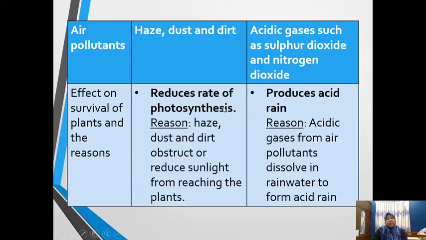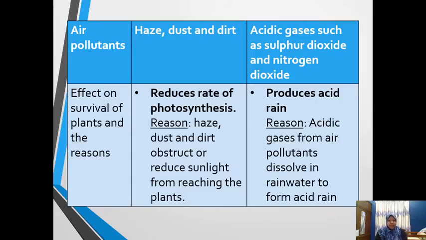So bila kurang kadar fotosintesis, pokok itu tidak dapat membuat makanannya sendiri, so dia tidak boleh membesar. The reason here is the haze, dust and dirt obstruct or reduce the sunlight from reaching the plants. Maksudnya dia menghalang cahaya matahari sampai ke pokok untuk proses fotosintesis tersebut.